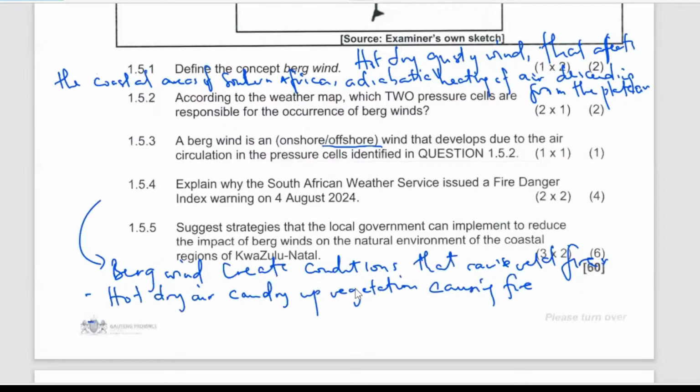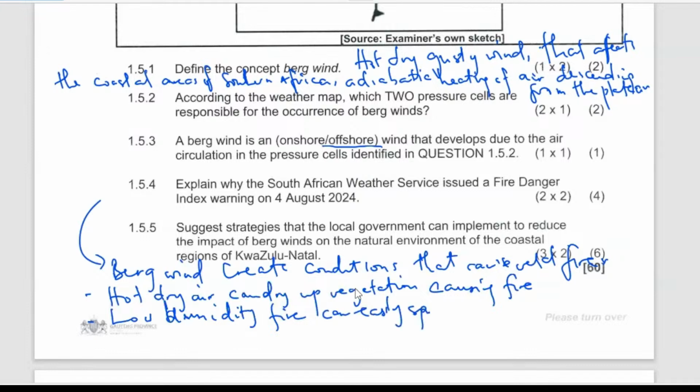And also, what are the other factors? We are saying there will be low humidity. The air will be dry, with low humidity. And if there is low humidity, it makes it easy for fire to spread.